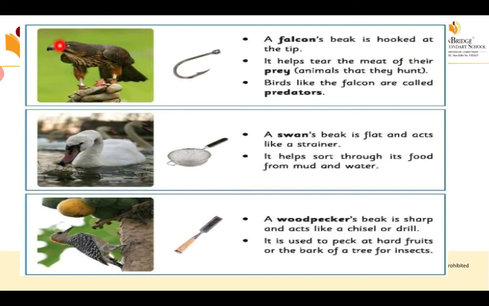This tip is like a hook. So this beak helps the bird to tear the meat, and birds like the falcon are called predators.